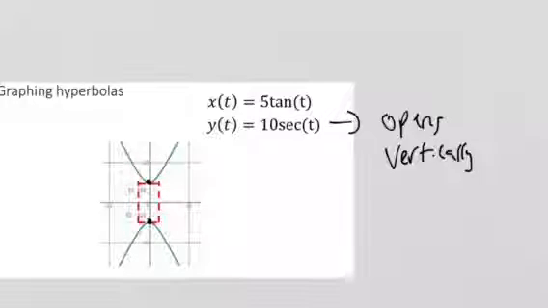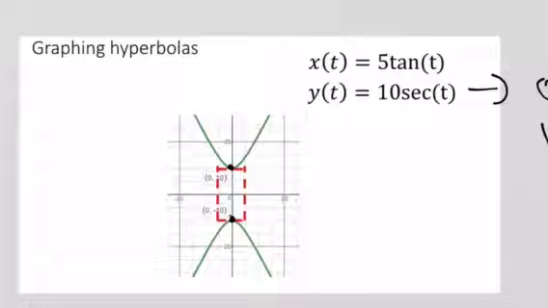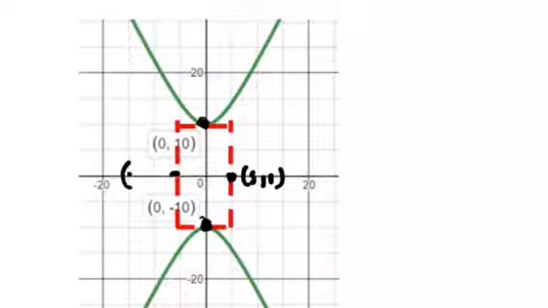So I know that I need to have a point at (0, 10) and (0, negative 10), since 10 is the coefficient in front of secant. And then how do I determine the rest of the shape? Well, I have to make this little box thing. So I've already gone up 10, down 10. Then you need to go to (5, 0), which is right here, and (negative 5, 0).